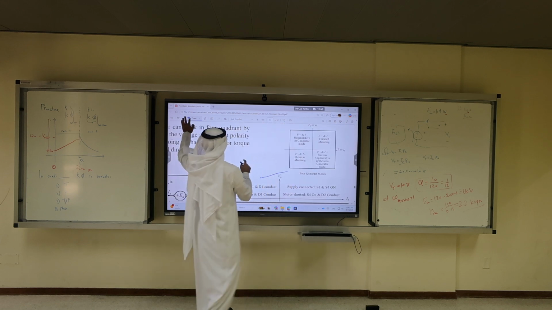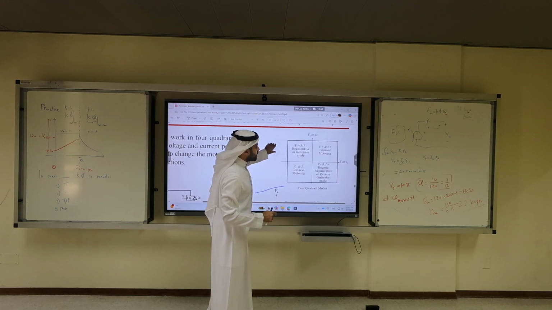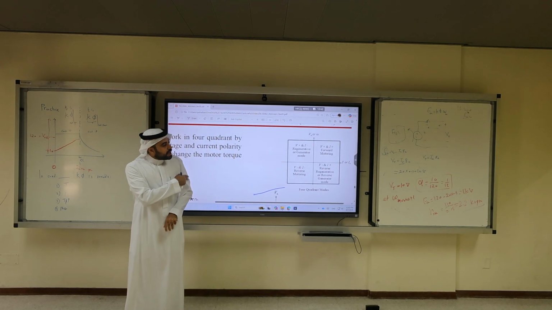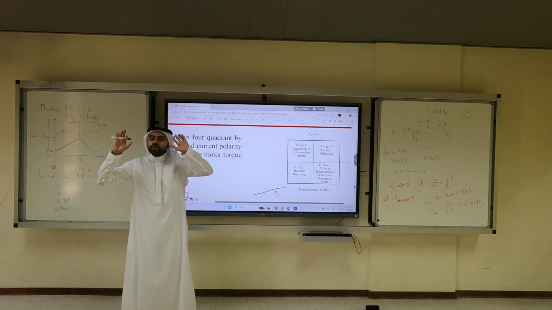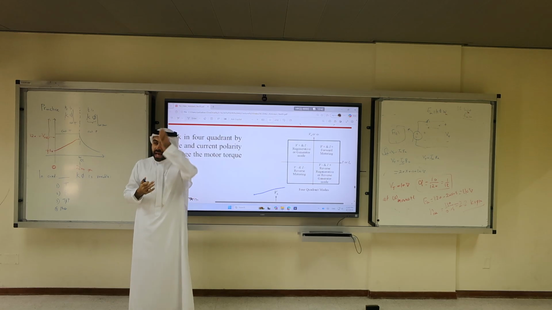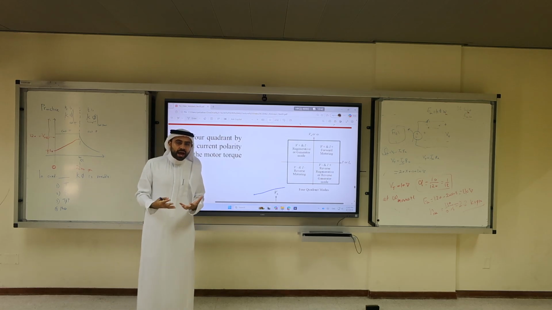Let's look at the modes of operation. This is the most important curve. It's very important. Focus within it. When you look at a curve, always start with the axes and ask yourself, why do I have those axes?